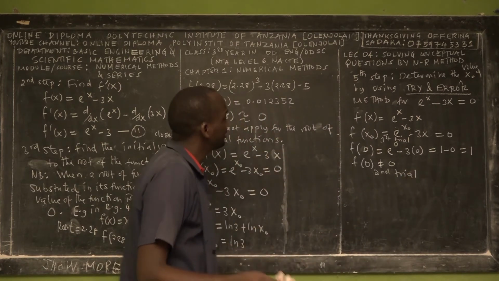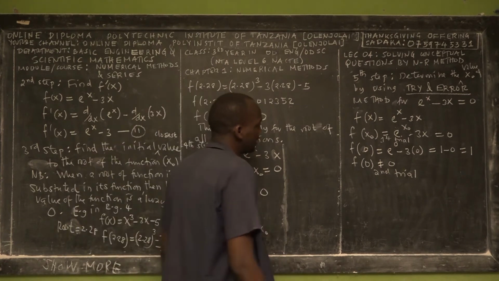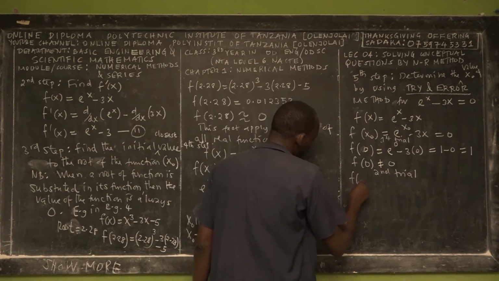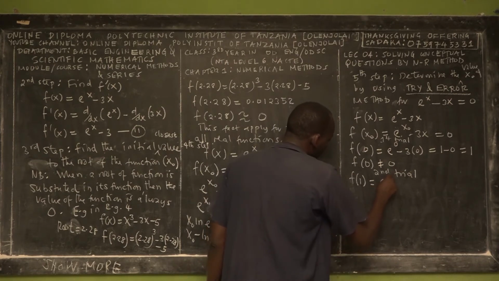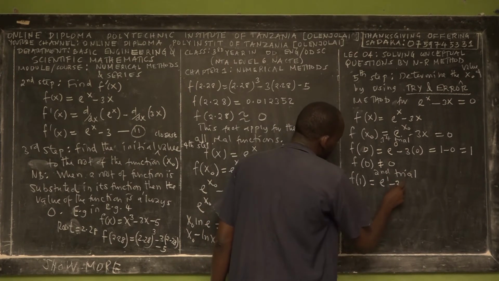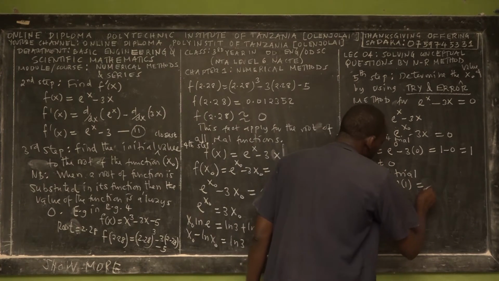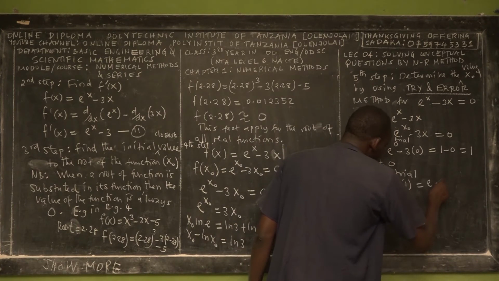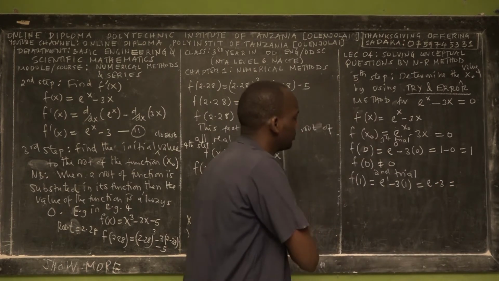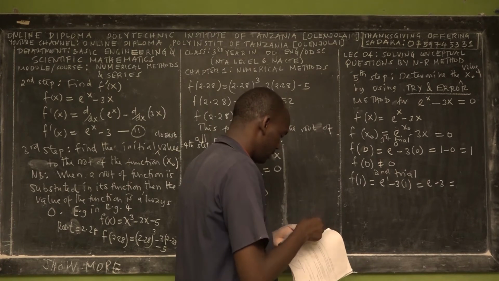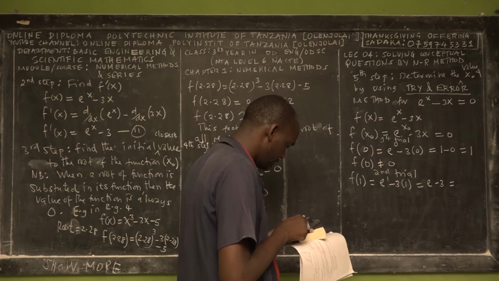That's why I told you that the title of lecture 4 is solving conceptual questions like this. Okay? So we are going to try for f of positive 1. F of positive 1 will be e power 1 minus 3 times 1. So e power 1, this is a certain value, minus 3. So to get the value of e, press shift, then e.